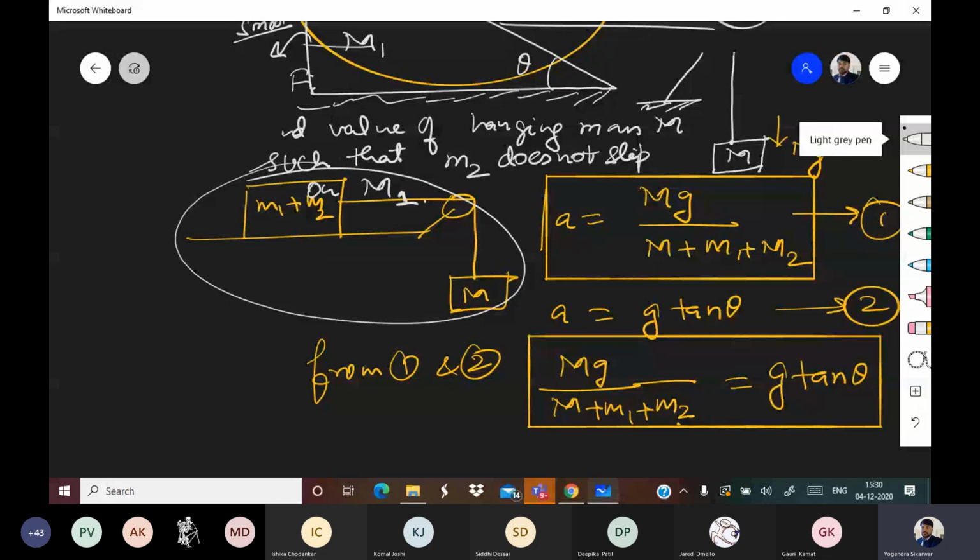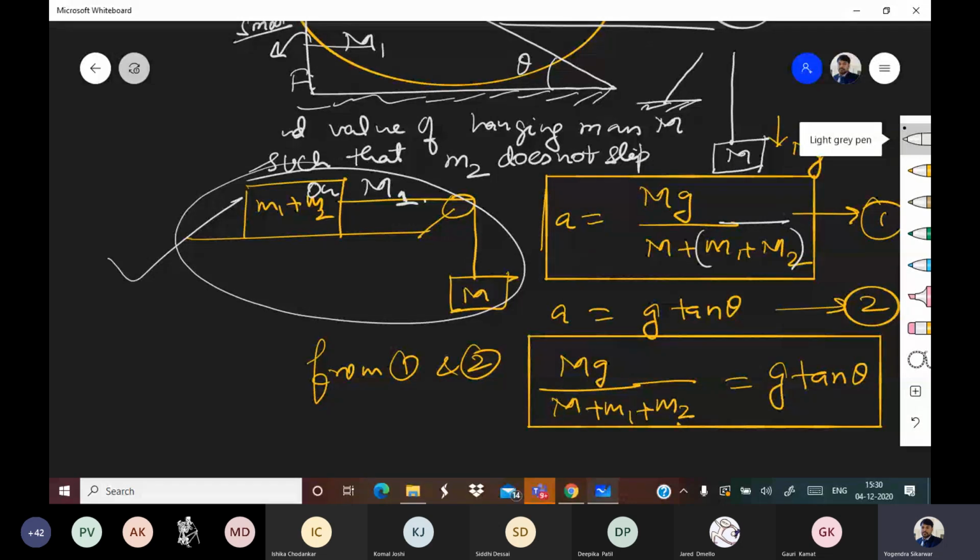Here the another mass is M1 plus M2. So this is the acceleration in case of a horizontal mass and a hanging mass.